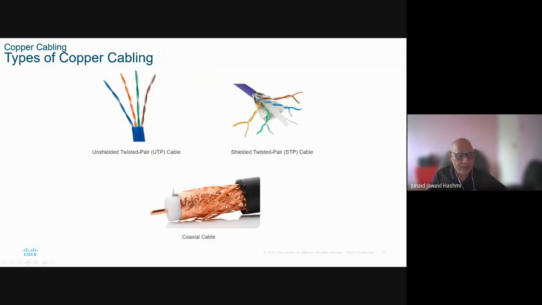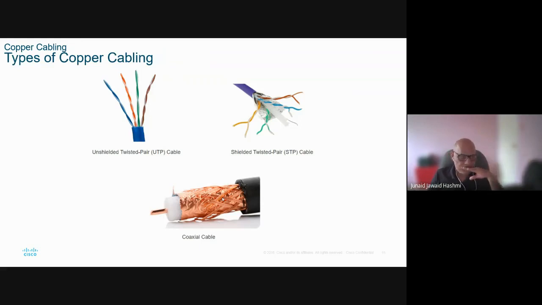In a local area network, coax cables are obsolete. Many years ago, you would see copper cable connected from a computer to the router, or they were used to connect computers directly to each other without the use of a hub or a switch.